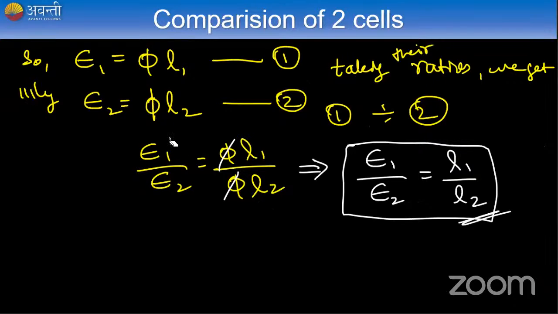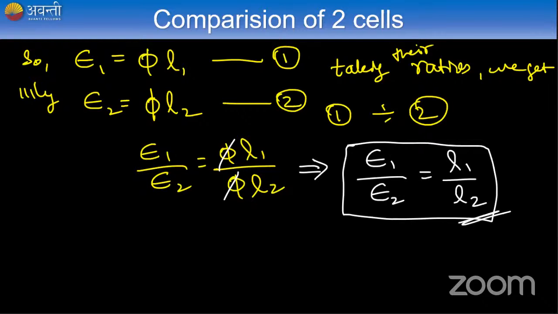If we write the expressions for the EMFs using the initial equation which we studied for the potentiometer, we get epsilon 1 equals 5 times L1, where 5 is our potential gradient. We will consider this as equation 1. Similarly, for equation 2, for test cell 2, epsilon 2 equals 5 times L2.